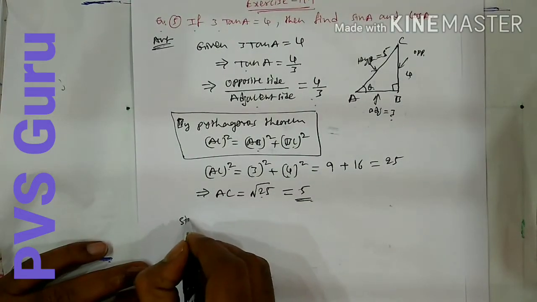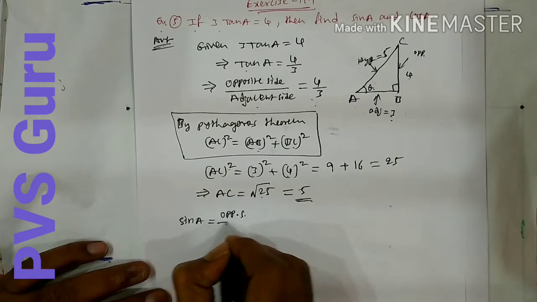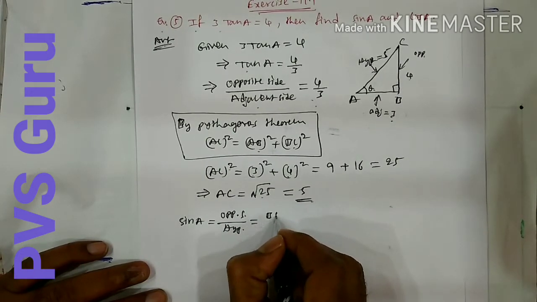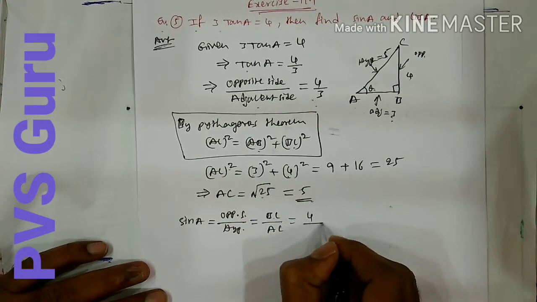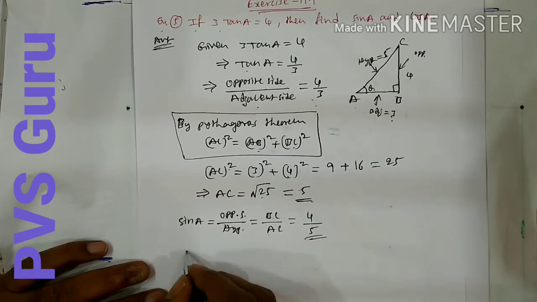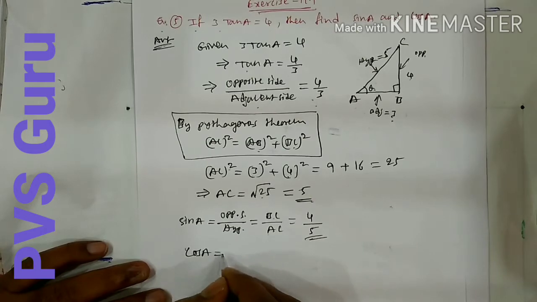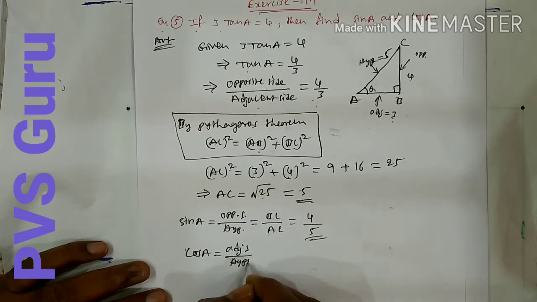Now what we needed is sin A and cos A. Sin A formula is opposite side by hypotenuse. Opposite side is BC, hypotenuse is AC. BC is 4, AC is 5, so 4 by 5 is the answer. Similarly, cos A is equal to adjacent side by hypotenuse.